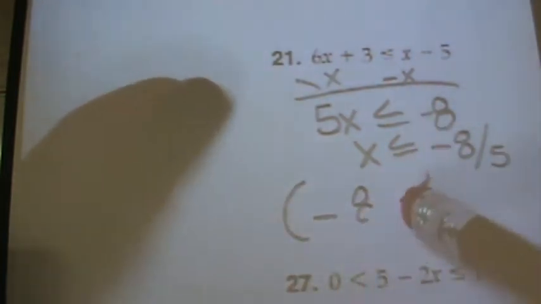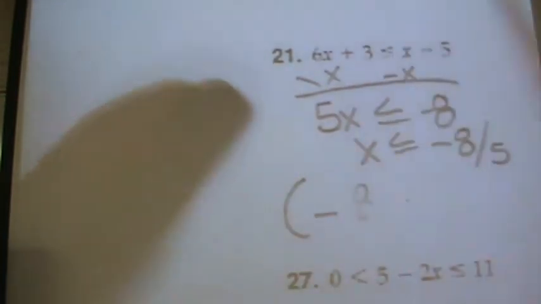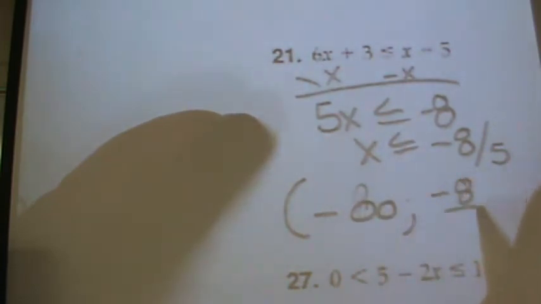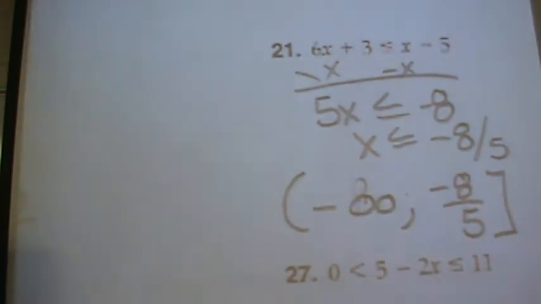Number 21, subtract x. 5x, we're going to subtract 3, and x is less than or equal to negative 8/5. And so this would be a parenthesis negative infinity, comma, negative 8/5, bracket.